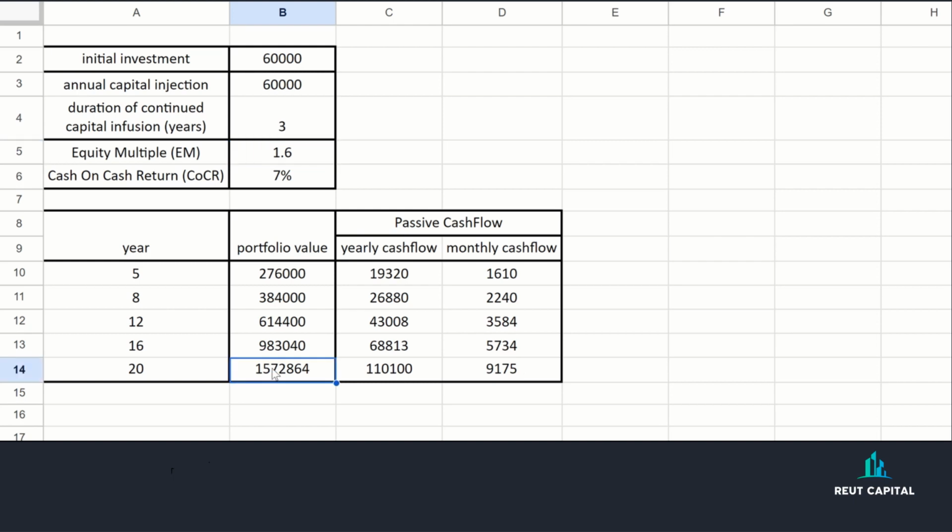Now you have a portfolio value of 1.5 million and a passive cash flow of almost 9 grand a month. So this should help you visualize real estate is a great vehicle for passive cash flow, and for many of them, this could substitute their W-2. Maybe your spouse decides to not work, and you could have this supplemental income coming in at a 15-year time, at a 10-year time, or a 20-year time.